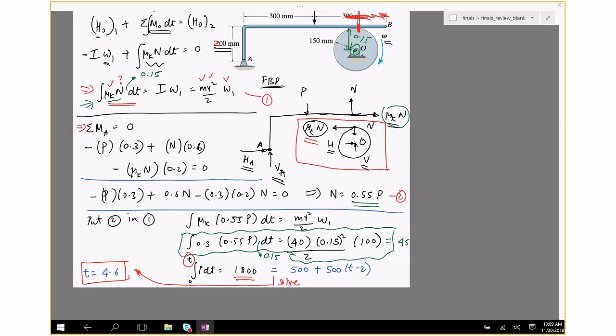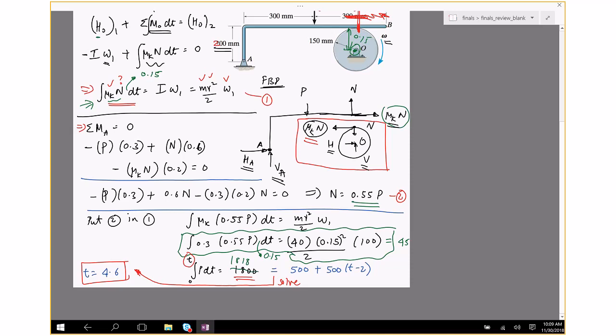When we're doing our moments about O, we should use N times 0.15. Okay, 1818 here. If I put all these values, I get 1818.